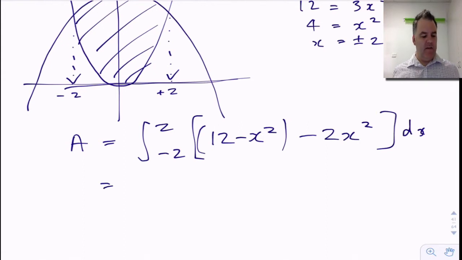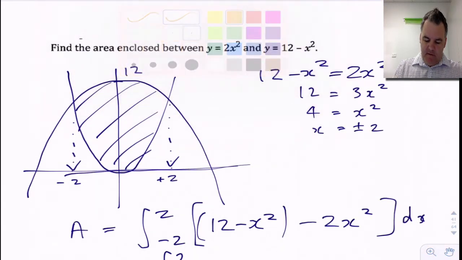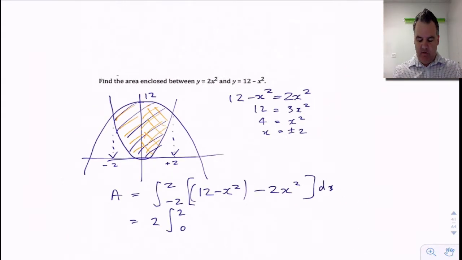Okay, I'm going to do some tricky stuff here, because I'm going to say that firstly we can make this a lot easier by saying that this is double the integral from 0 to 2. So in other words, what I'm saying is that this area and this area are the same, therefore I'm just going to calculate this area over here on the right and double it. And this only can happen because of the symmetry. We've got 12 minus x squared and 2x squared, so the areas are symmetrical.